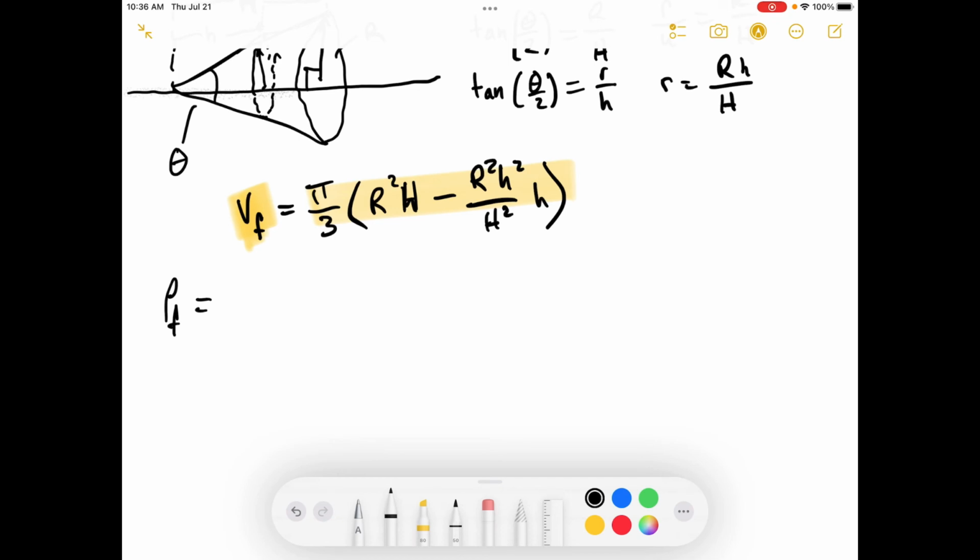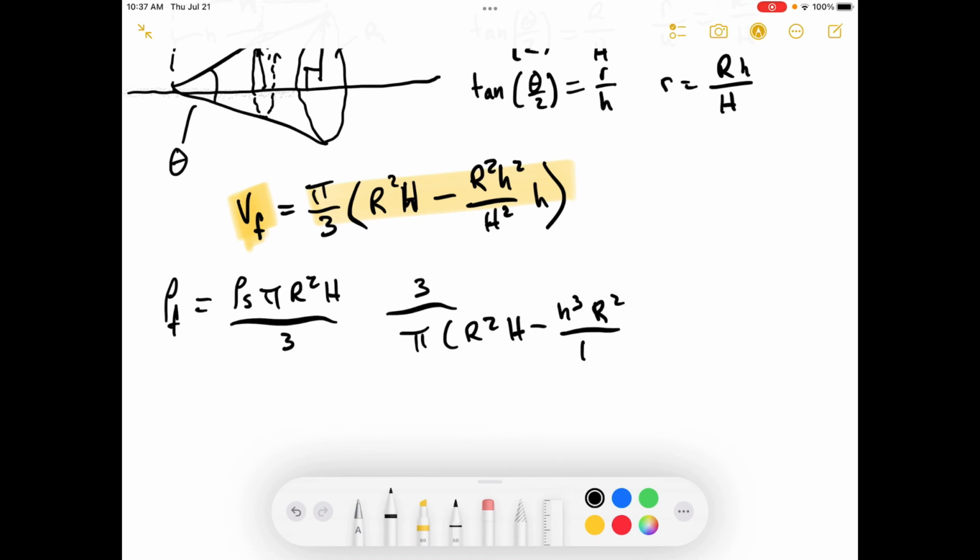It's the mass over the volume, so this equals rho s pi R squared big H over 3, times 3 over pi R squared big H minus little h cubed R squared over big H squared.